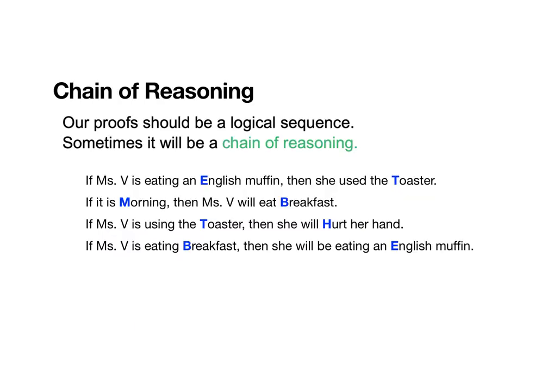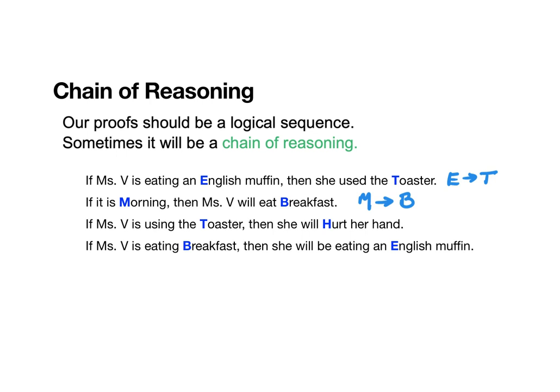I'm going to write each of these in symbolic notation and show you how chain of reasoning can work. So the first statement is, if Ms. V is eating an English muffin, then she used a toaster. So I'm going to write this as E implies T. If it is morning, then Ms. V will eat breakfast. I'm going to write this as M (morning) implies B (breakfast).